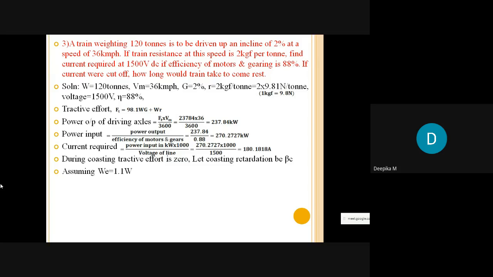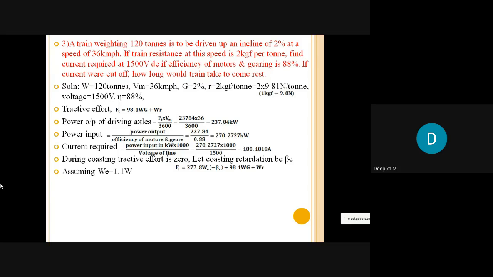And we are assuming that WE, that is the effective weight, will be 1.1 times greater than the dead weight. So the formula will be changing in this way. That is, the tractive effort is nothing but 277.8 WE alpha. Instead of alpha, we are going to substitute the coasting retardation, and this is retardation, usually in the decreasing order.